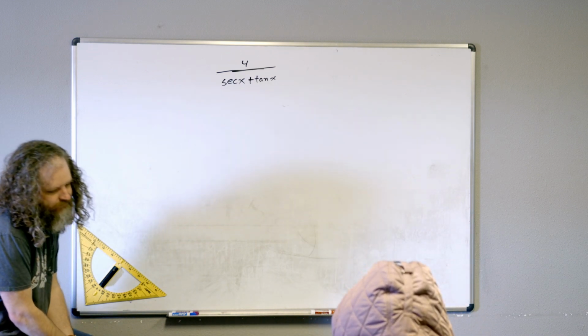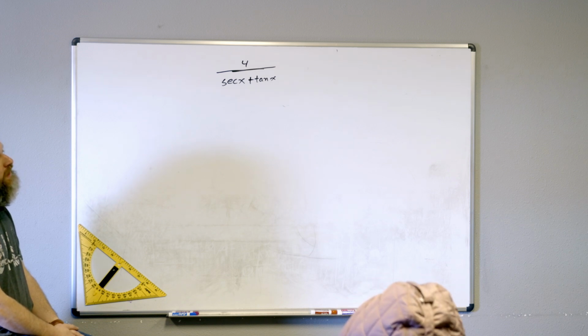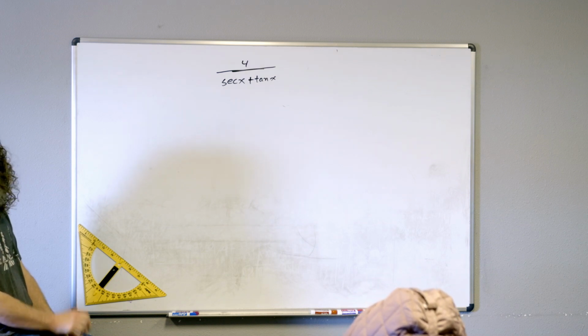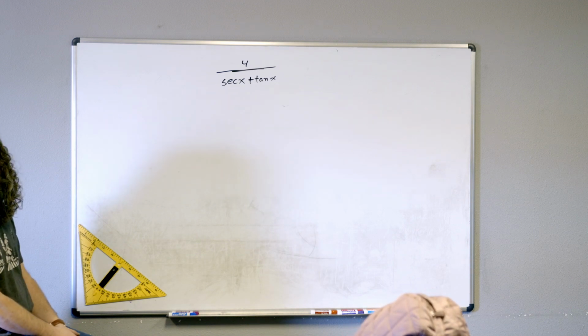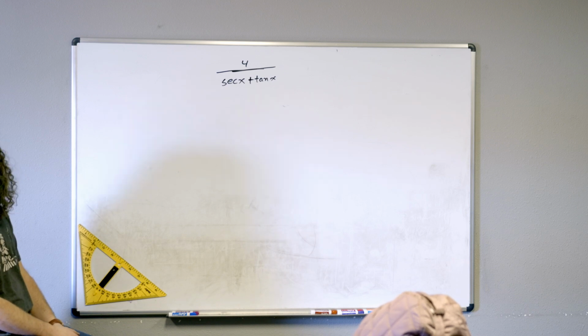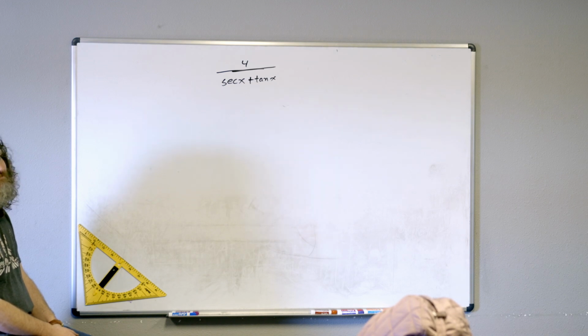You can't multiply both sides because there's not both sides. No, but we could multiply the numerator and the denominator by the same thing, which is what we're going to do. We're going to multiply it by the conjugate. How does that sound? So multiply it by negative secant x minus tangent of x.